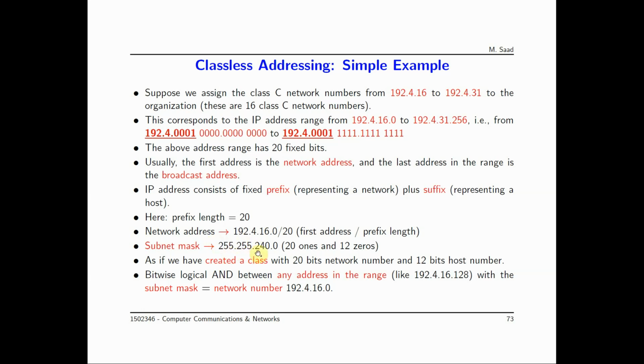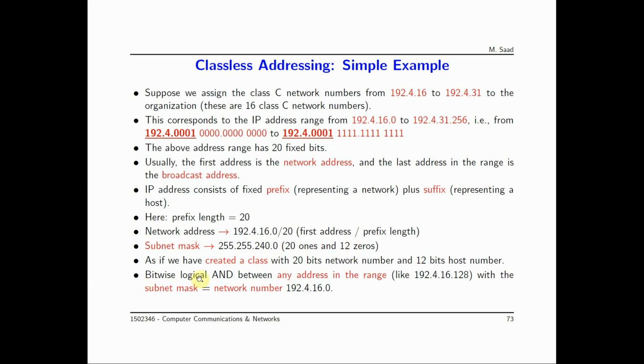And then I have another 4 ones to finish the 20, which means the third octet will be 4 ones and 4 zeros. 4 ones and 4 zeros is 240 in decimal, and then I have the remaining 8 zeros, which is decimal zero. So the subnet mask that represents my block of IP addresses is 255.255.240.0, which consists of 20 ones at the beginning followed by 12 zeros.